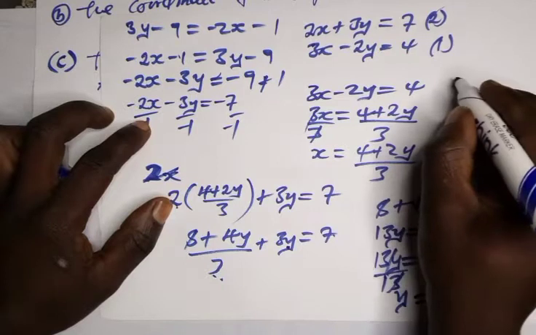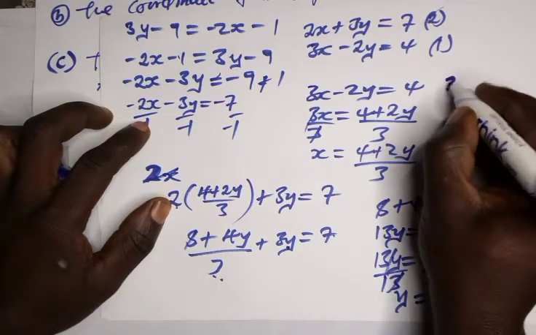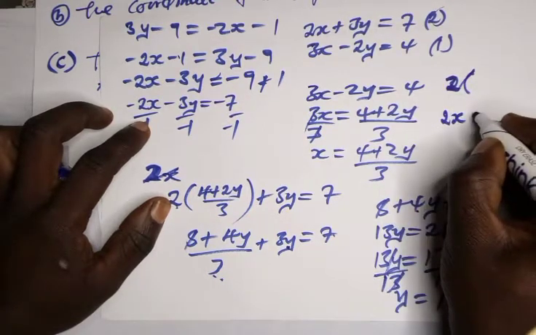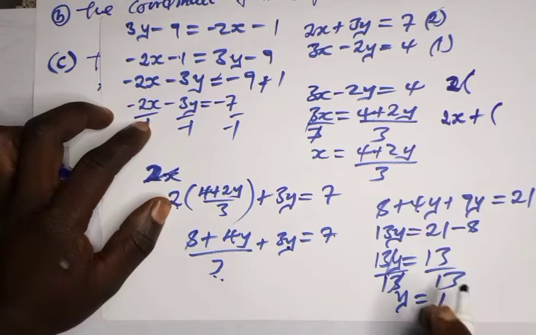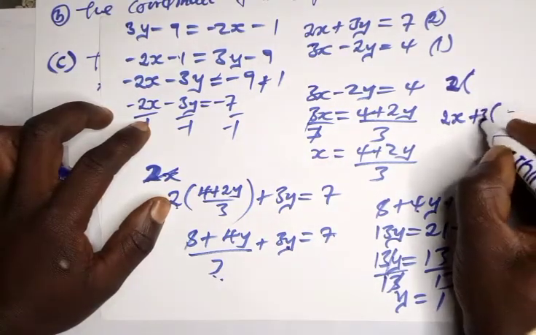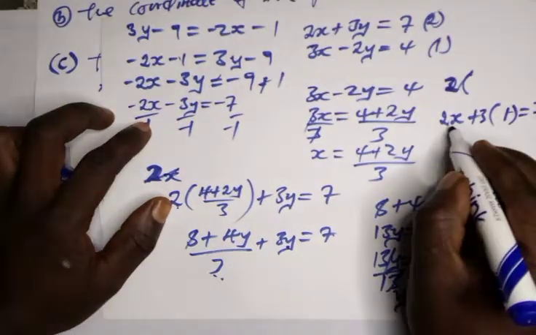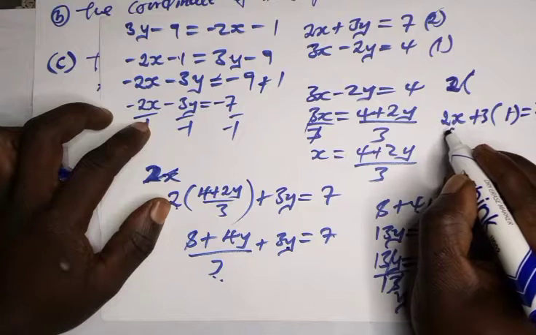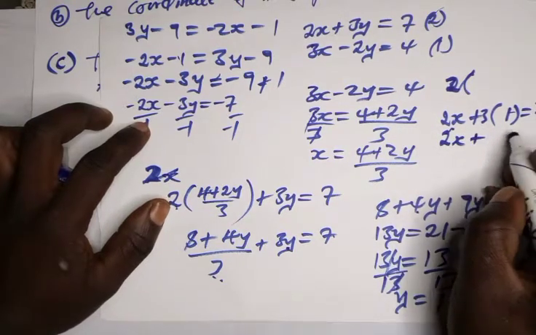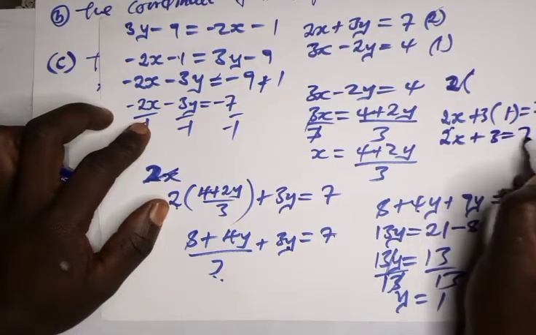So let's find the value of x now. Let's take this first equation here. So it will be 2x plus 3 open, where there is the y, we substitute with the 1, so 2x plus 3 times 1 equals 7. Then 2x plus 3 times 1, which is 3, equals 7.